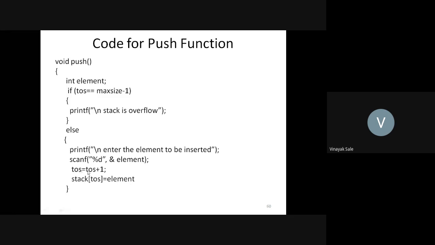So increment tos by 1, that is, tos is equal to tos plus 1, then stack of tos is equal to element. This is the code for push function.